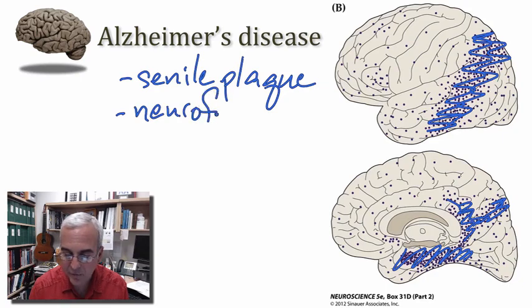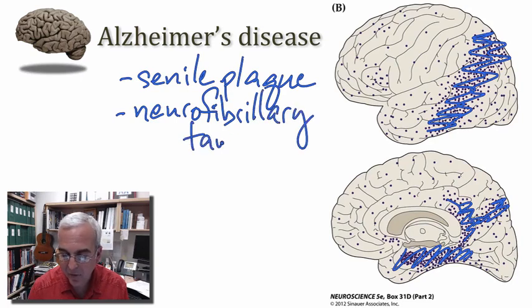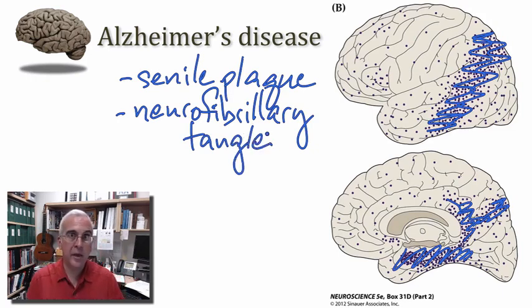This is an intracellular inclusion present within neurons that are very likely on their way to degeneration. Certainly when they present with a neurofibrillary tangle, that is an indication of dysfunction within the cytoskeleton of the neuron and the trafficking of important subcellular constituents that support the function of the neuron.